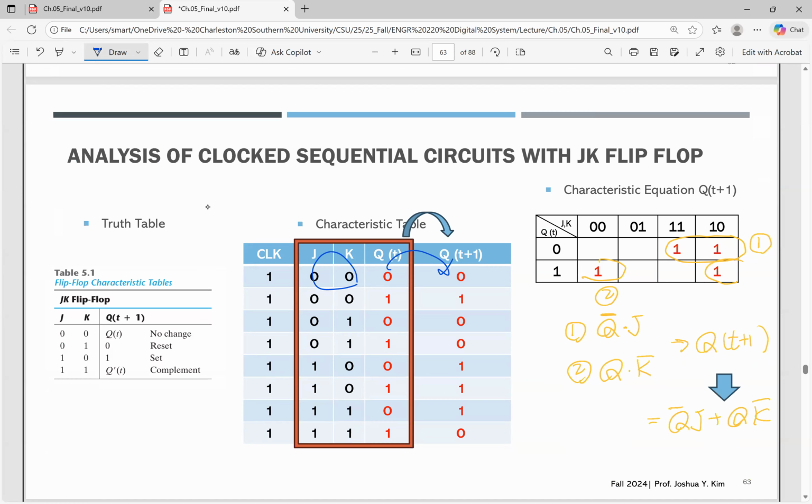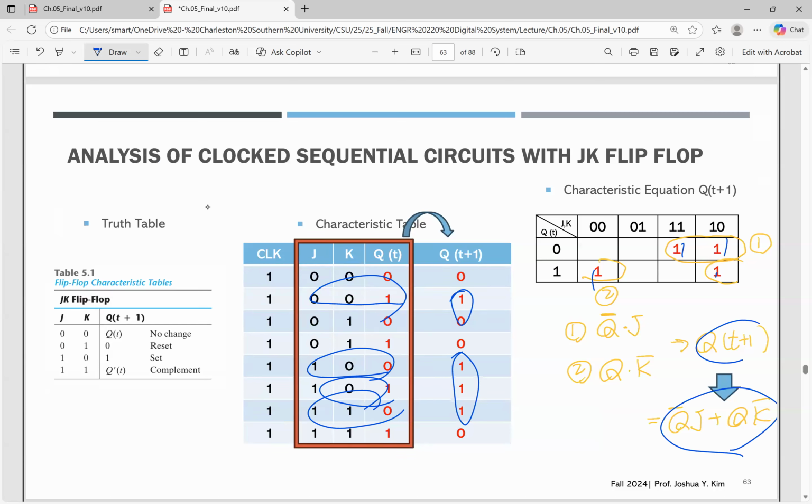No change. 0, 1, reset. 1, 0, set. 1, 1, toggle. So it depends on the value corresponding to the JK, 1, 2, 3, 4. So you can find the Q of t plus 1. So that is for the equation.